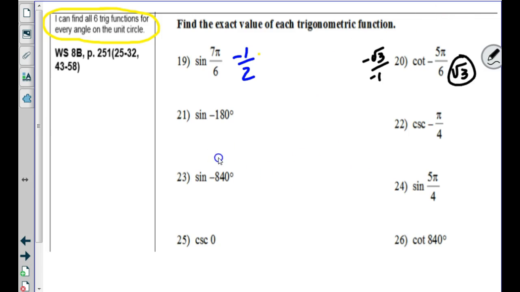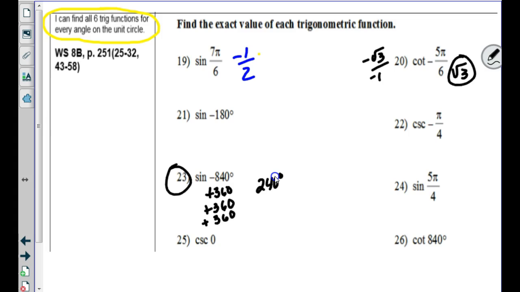Like this one isn't on your unit circle until you do what? Yeah, so like if I add 360 a couple times, where am I at? I could even add it 3 times, I think, to get a positive number. 240 if I add it 3 times?